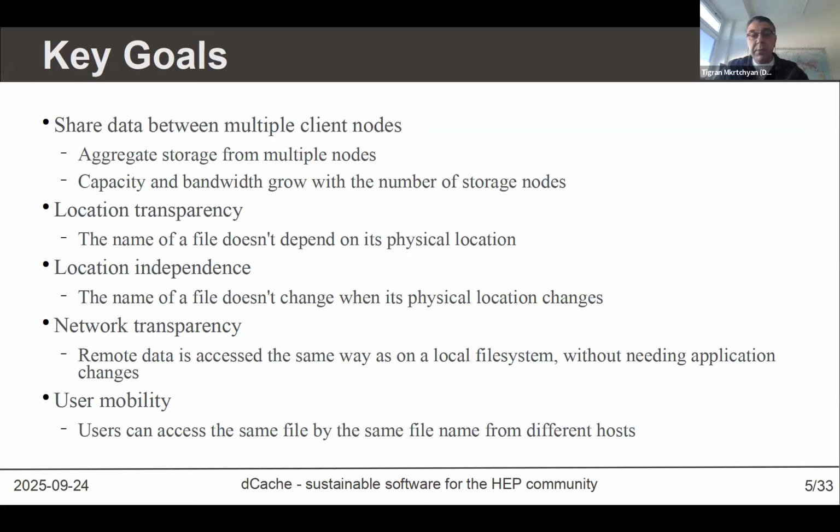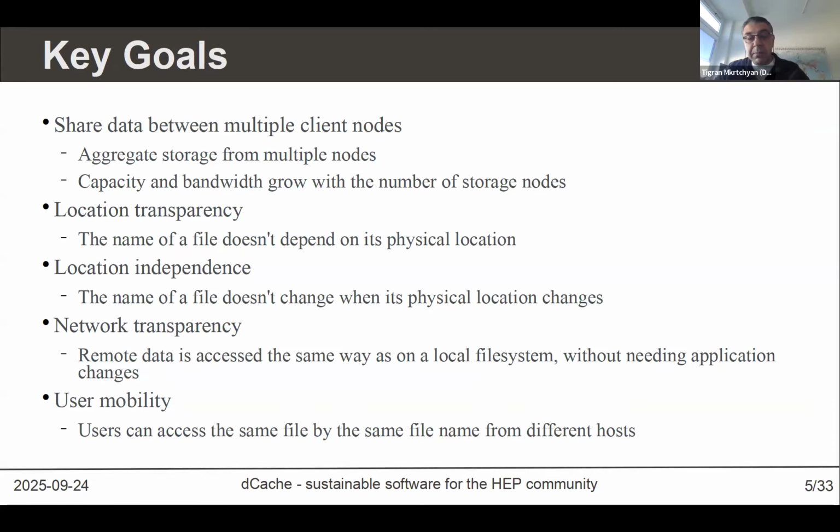One of the key aspects of dCache functionality is multi-protocol support and multi-authentication support. The way we do this is that if data is written over one protocol, let's say through HTTP using grid certificates, and then later accessed locally via NFS, then we can use simple Unix permissions, or it can be XRD with tokens.